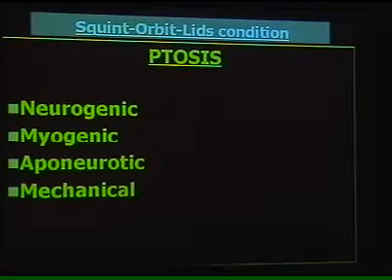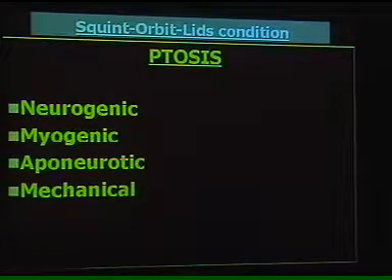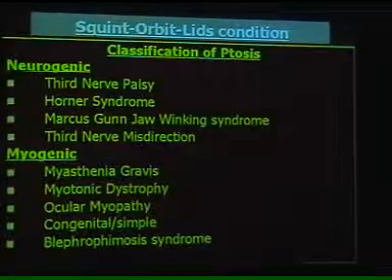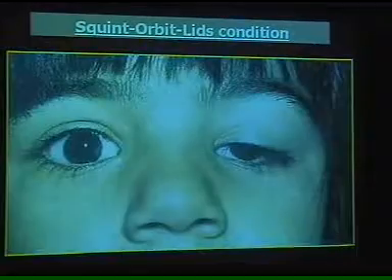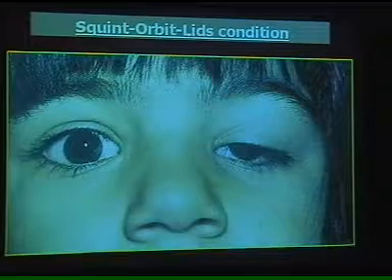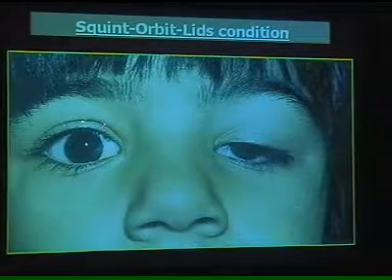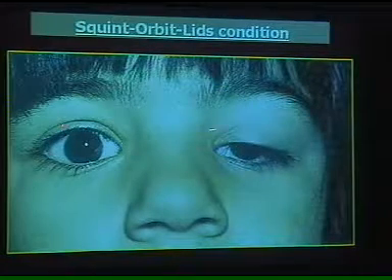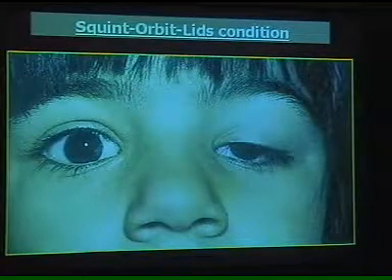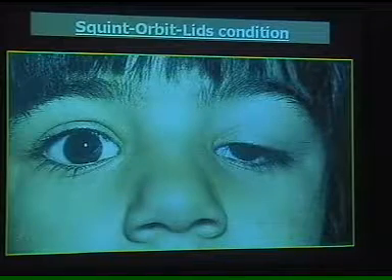Ptosis is drooping of the upper eyelid, could be congenital or acquired. That's the congenital ptosis. The easy way to diagnose congenital ptosis is that this fold is not there, which means the muscle has never functioned.